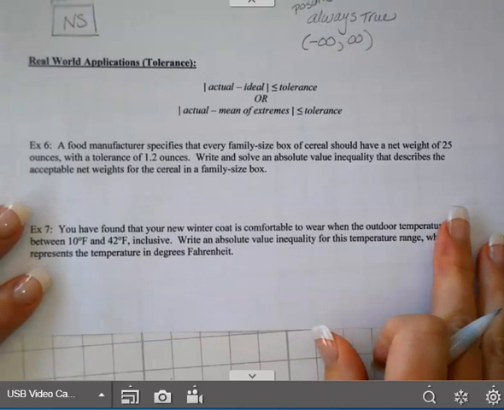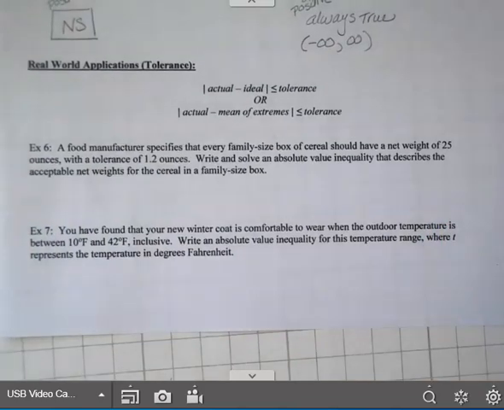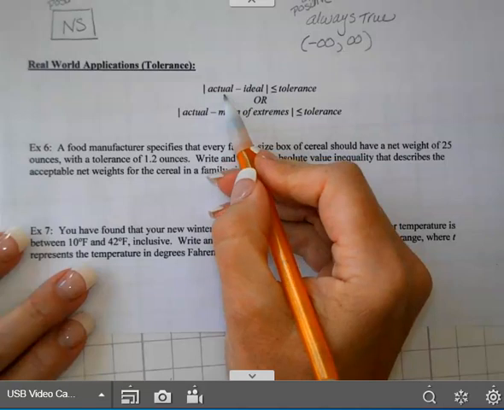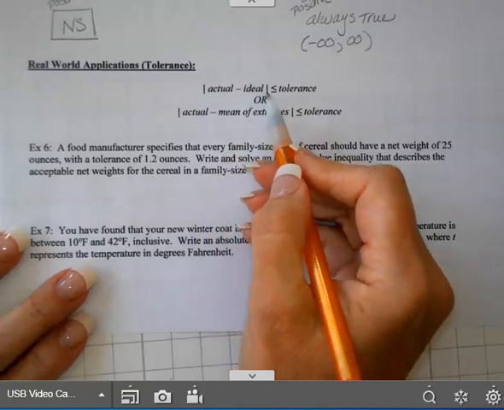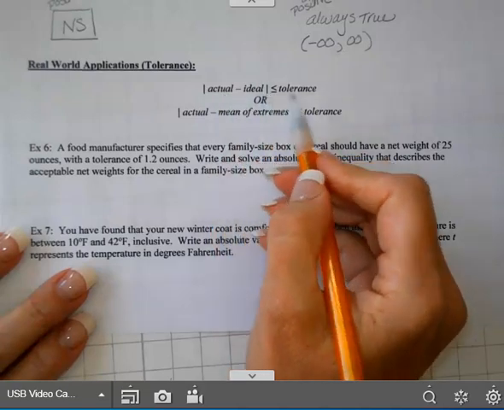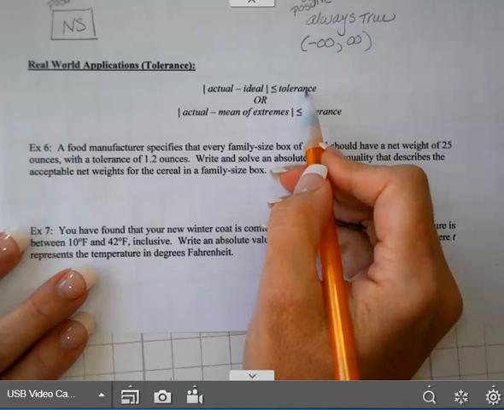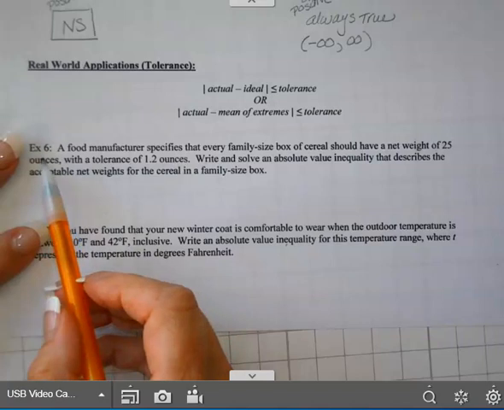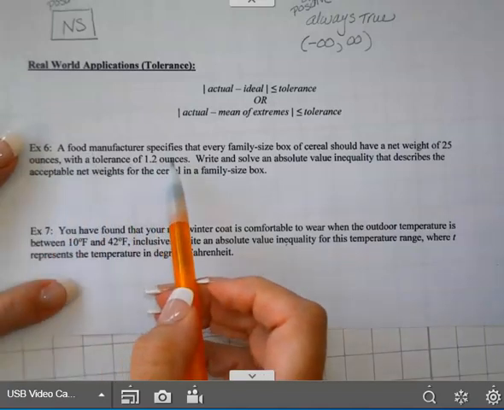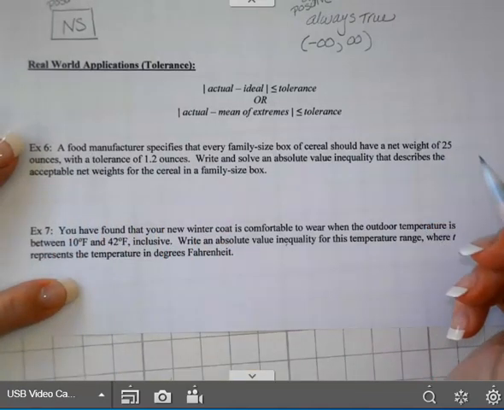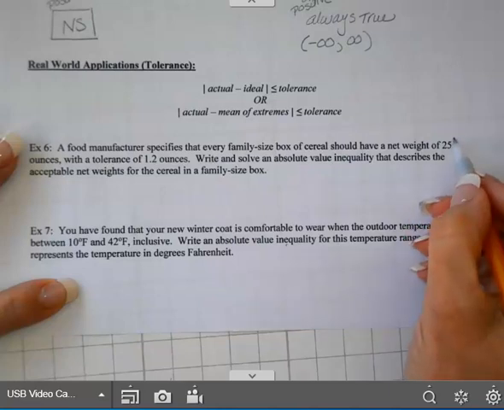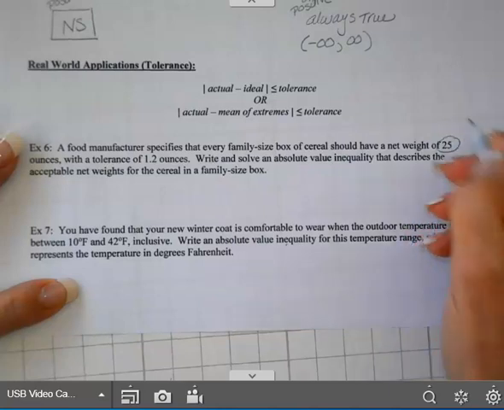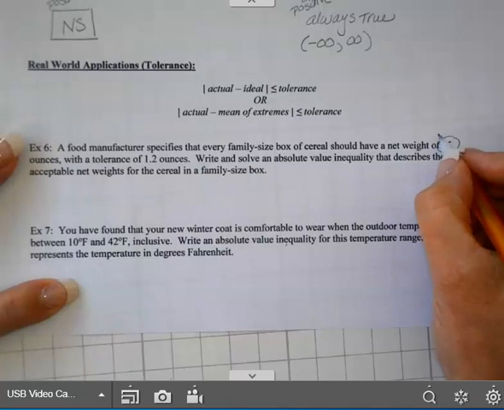For tolerance, you're going to take the actual minus the ideal, and we want that within some tolerance. An example of this, a food manufacturer specifies for every family-sized box of cereal, you should have a net weight of 25 ounces. So that would be our perfect size cereal.